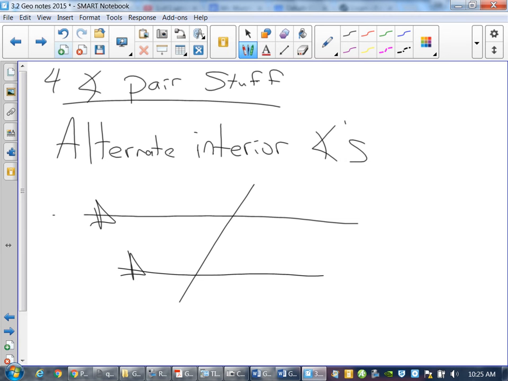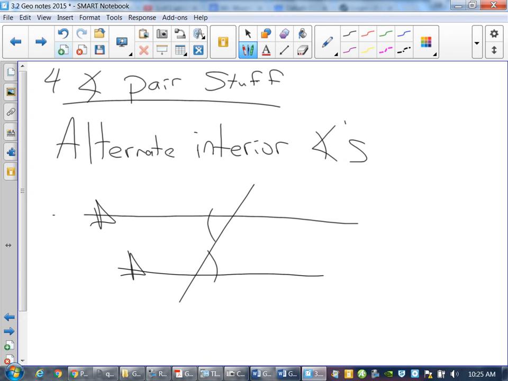Will these be inside the two lines or outside the two lines, you think? Outside. Because of the word interior. Alternate means they switch sides of what's called the transversal.